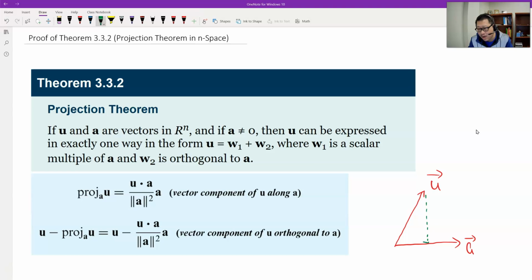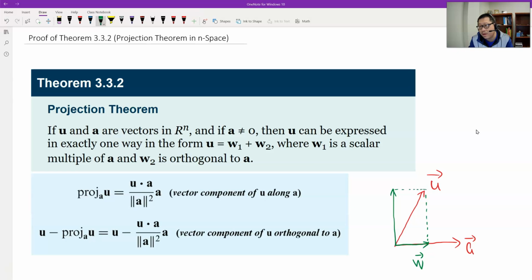This is w1, the component of u along a, and for the other component, let me draw a perpendicular here.